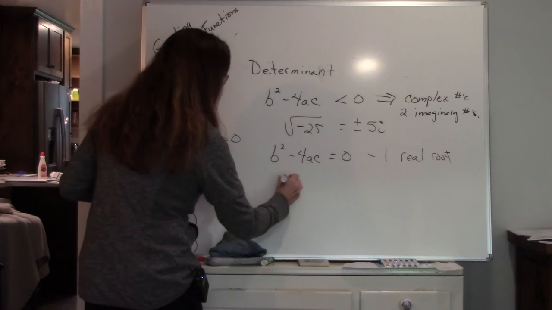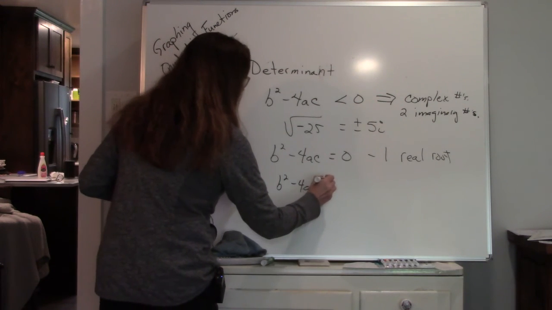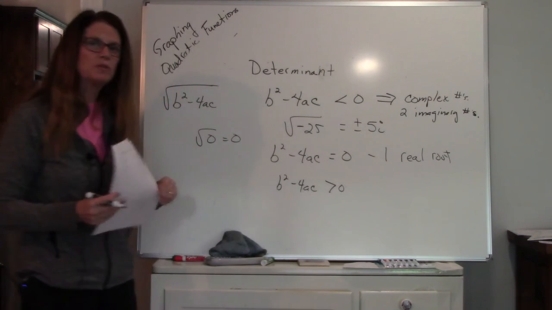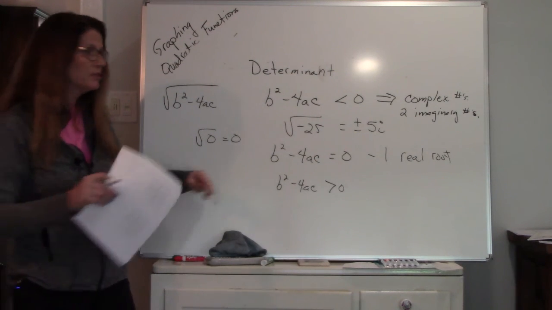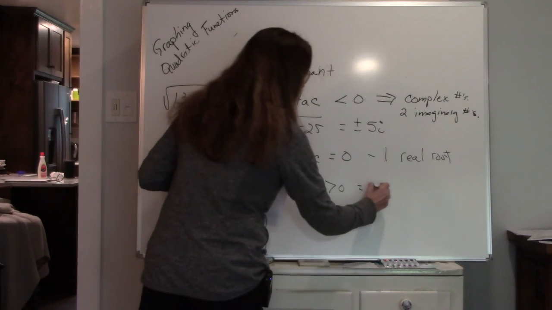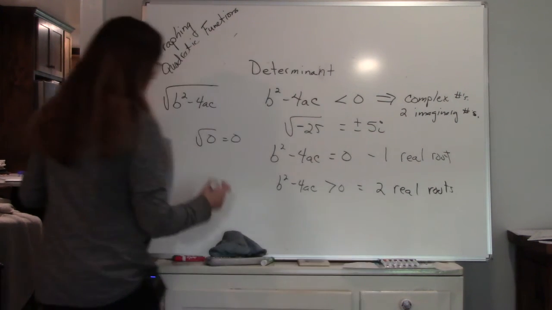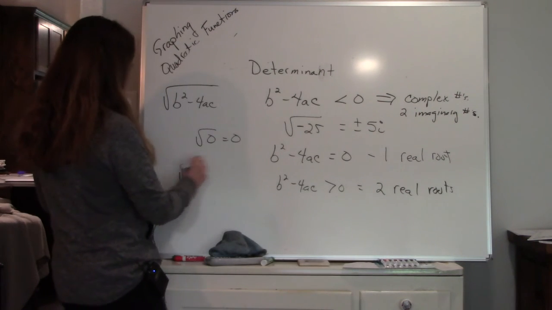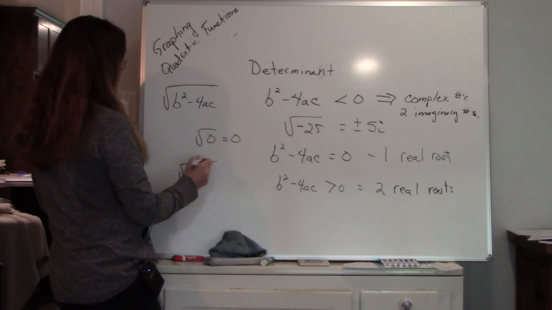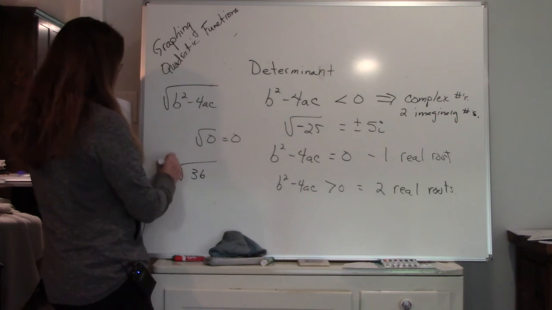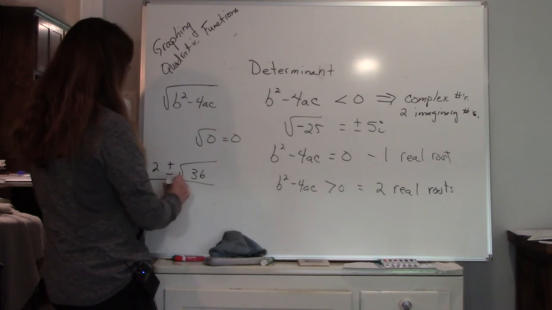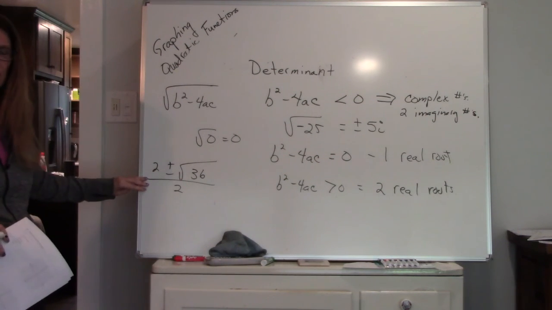If our determinant is greater than 0, which means it's positive, you're going to end up with two real roots. So for instance, if underneath my radical my determinant was, let's say, 36, and let's just say this is our quadratic equation.